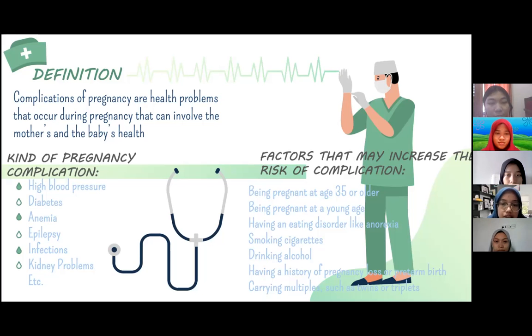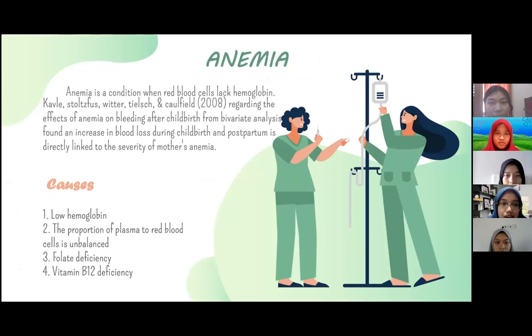Okay, in my opinion, anemia is one of the most dangerous complications and causes many deaths for the fetus. Anemia is a condition when red blood cells, like hemoglobin, are low. As expressed by Kefli and all 2008, regarding the effect of anemia on bleeding after childbirth, from bivariate analysis found an increase in blood flows during childbirth and postpartum is directly linked to the severity of mother's anemia.